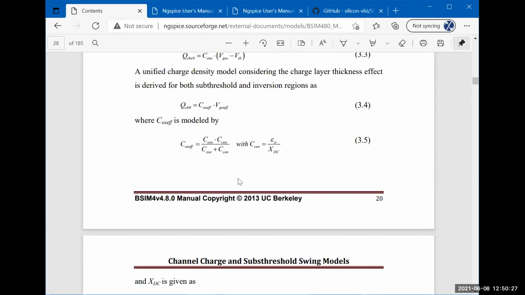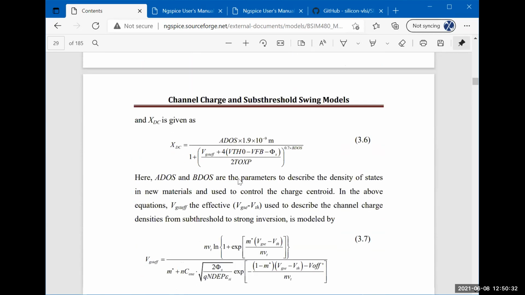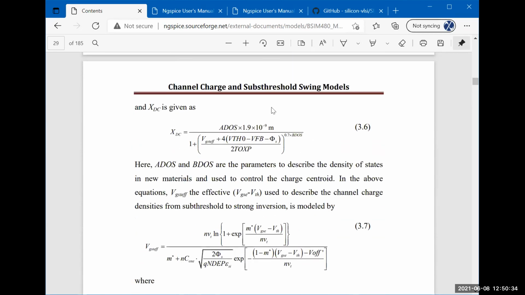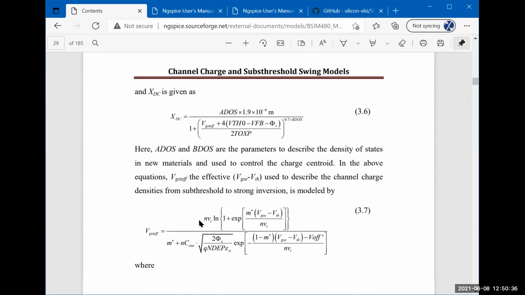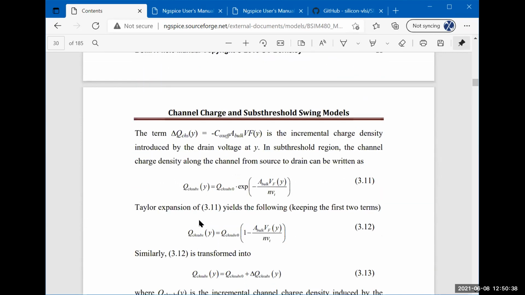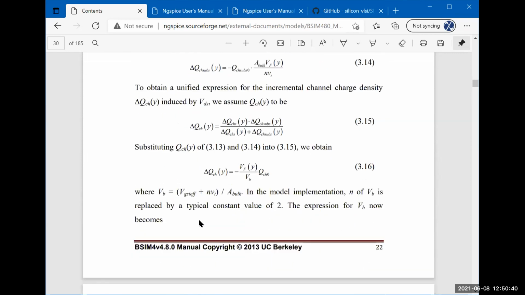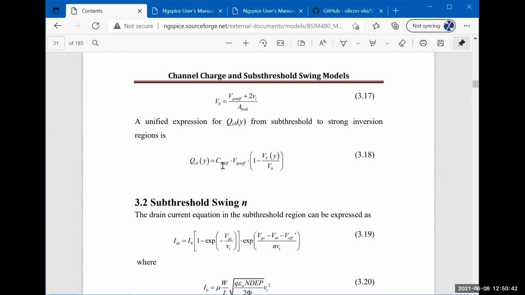We take channel charge as Qi equal to Cox times VGS minus VT, but obviously there are a lot of parameters, the effective length, the depth, and there are fitting parameters for everything. And you can see here, it's Cox effective, VGS effective, but there are a lot of fitting parameters which go into it.